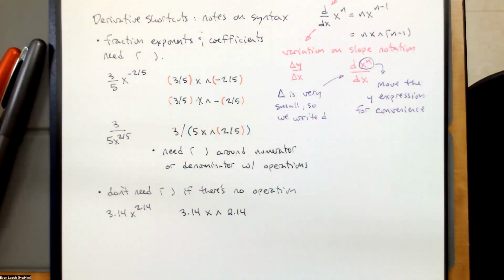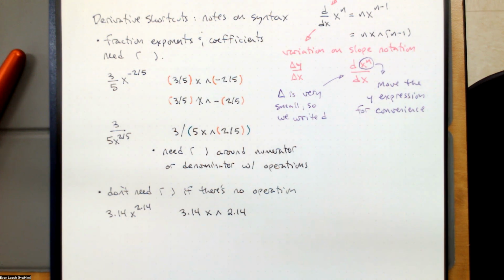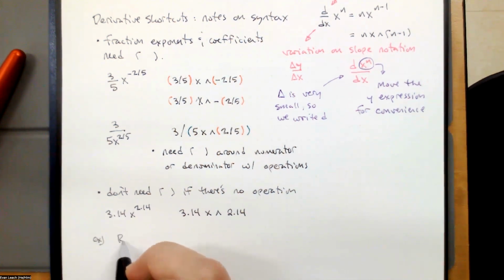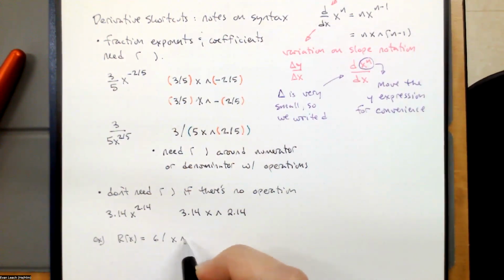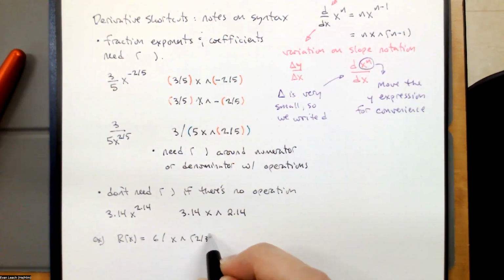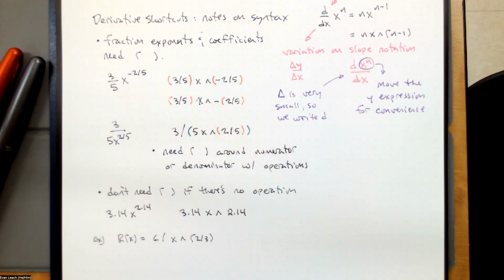Notice that in one of the examples that we had yesterday, R of x, I typed it this way: 6 over x to the 2/3. Now you notice that I did not include parentheses around the denominator here, even though it has an operation. It's almost like I'm breaking my own rule.